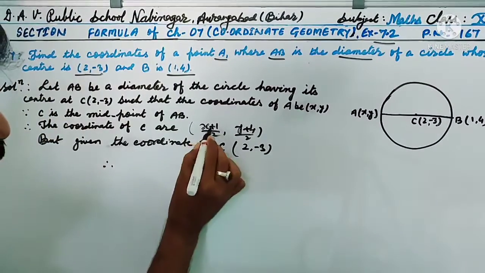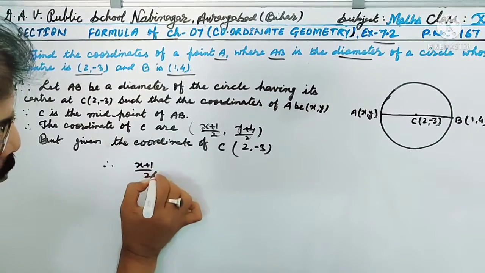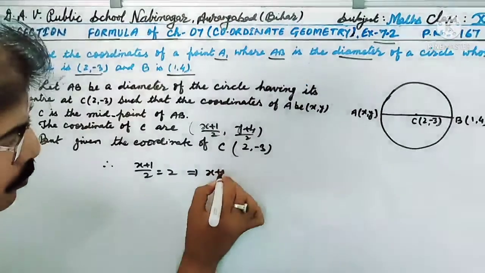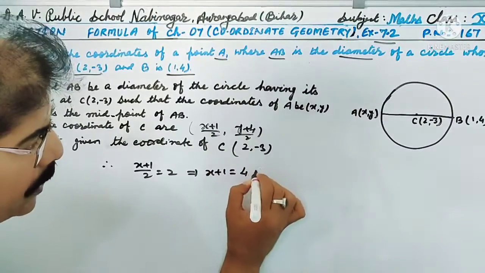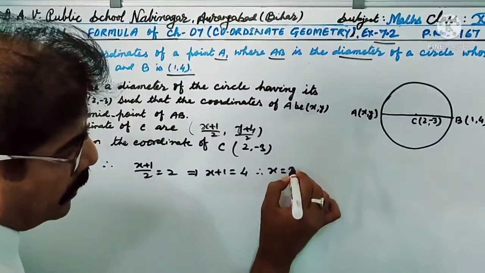Therefore (x + 1)/2 = 2, such that x + 1 = 4, therefore x = 4 - 1 = 3.